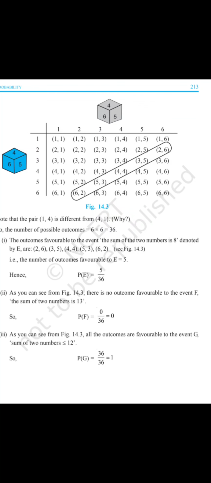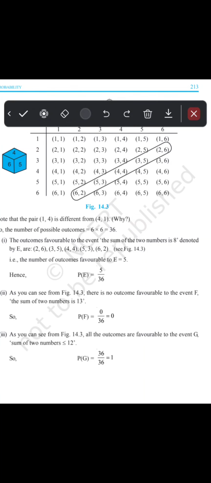And the last one: the sum of the two numbers is less than or equal to 12, so it will be 1. It is not possible to be greater than 12, so all outcomes are included: 36 by 36, total outcome is 36, so overall the probability is 1.